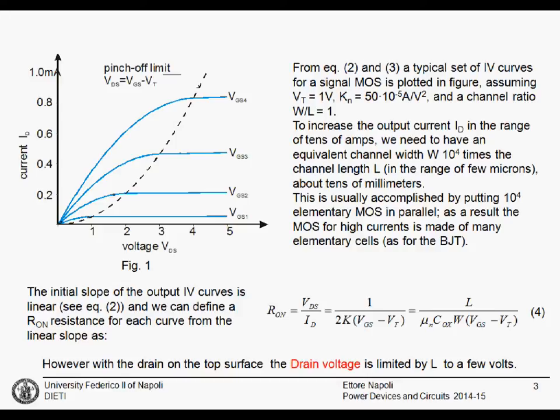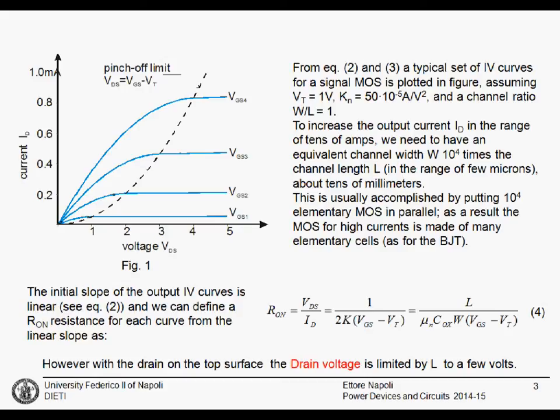This is the typical set of IV curves for a low power MOS. In this case, we assume a threshold voltage of 1 volt. Kn for the NMOS is 50 times 10 to the minus 5 amps per volt squared. The channel ratio is 1.